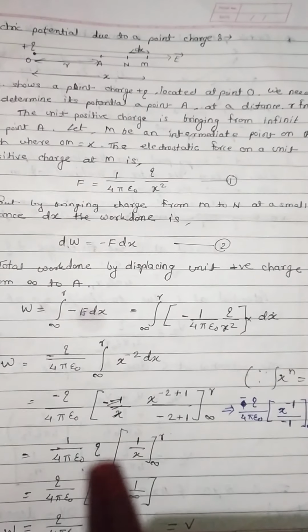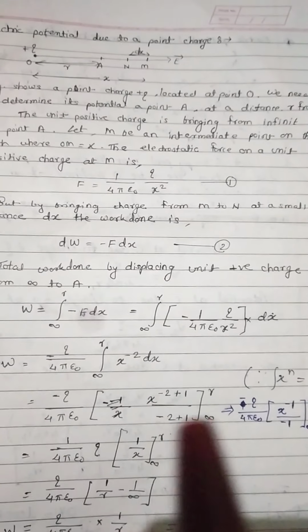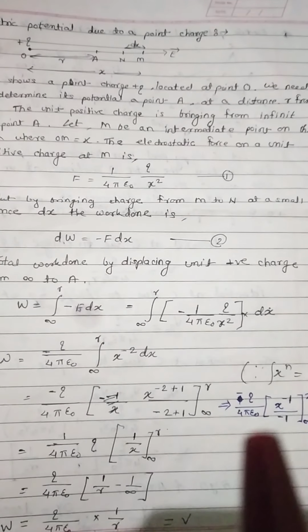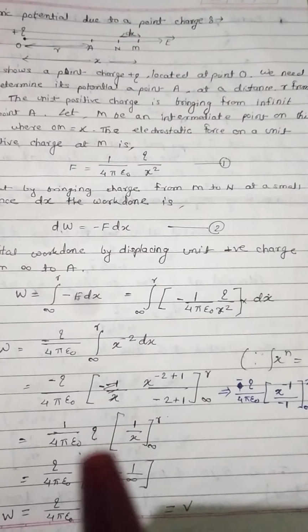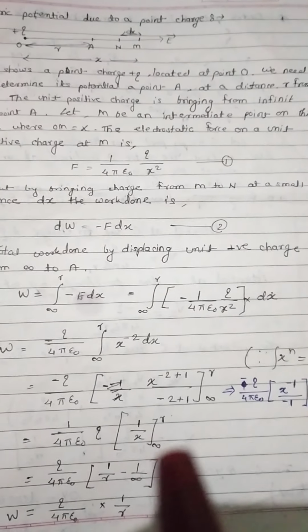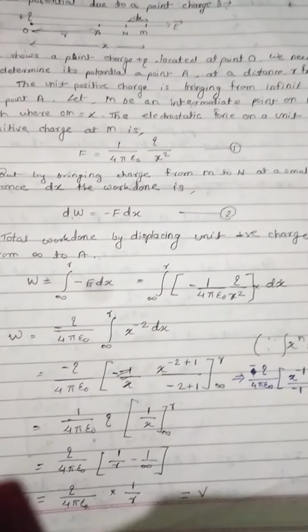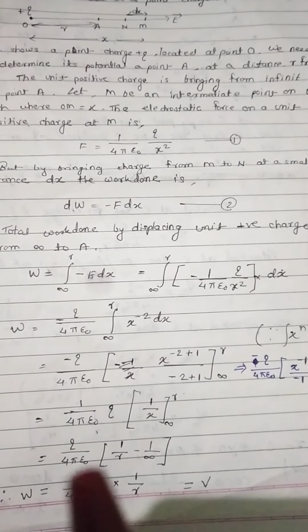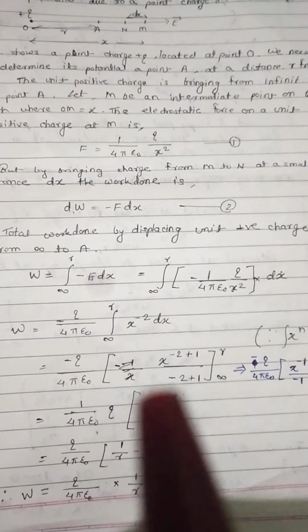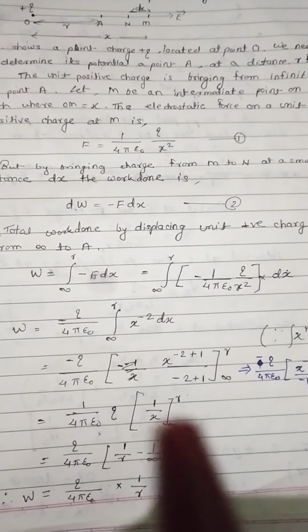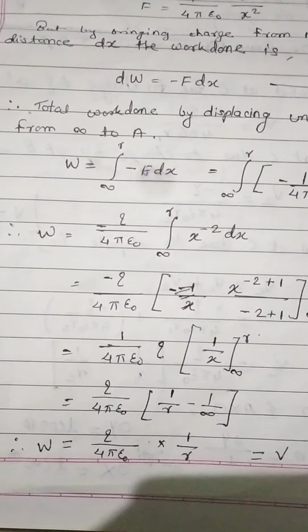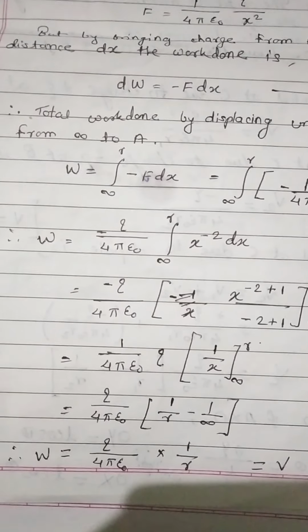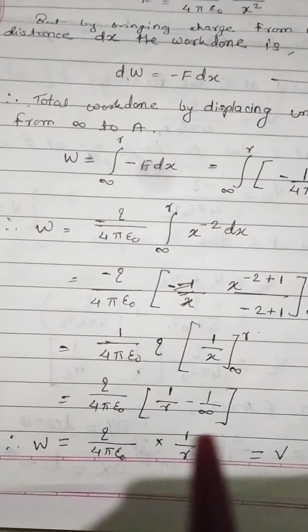So we get Q upon 4 pi epsilon naught, and the remaining quantity is x raised to minus 1, which is 1 upon x, from infinity to R. So work done is equal to Q upon 4 pi epsilon naught in bracket of 1 upon R minus 1 upon infinity. Solving, we get work done equal to Q upon 4 pi epsilon naught into 1 upon R, because 1 upon infinity is equal to 0.